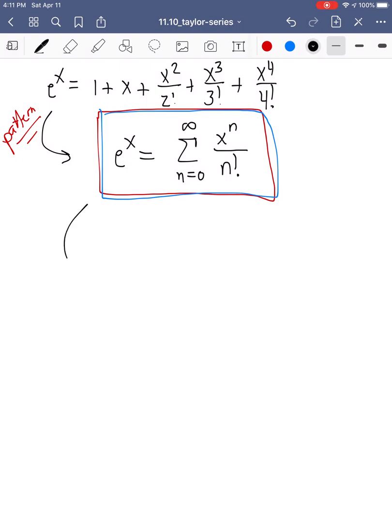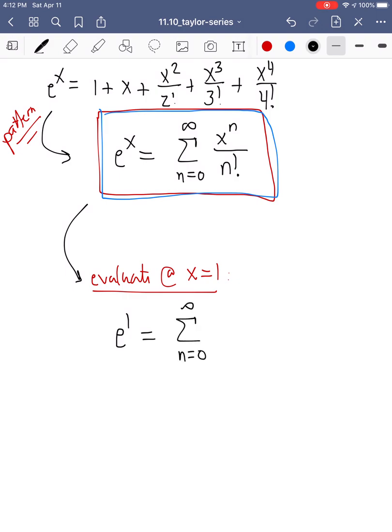And if we just evaluate at x equals 1, we see something else that's interesting. We have e raised to the first power is just equal to that infinite sum of 1 to the nth power all over n factorial.